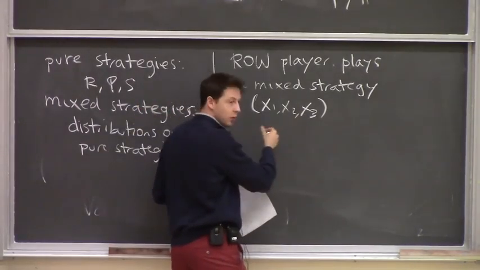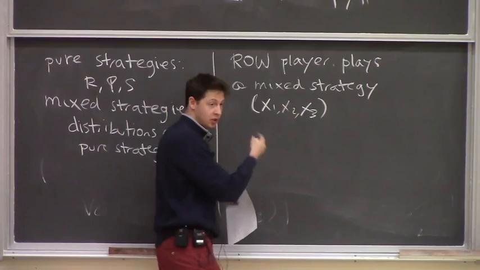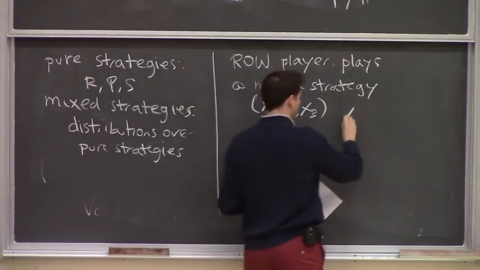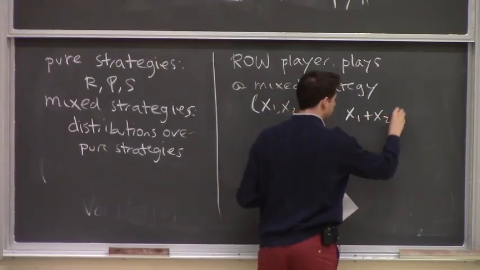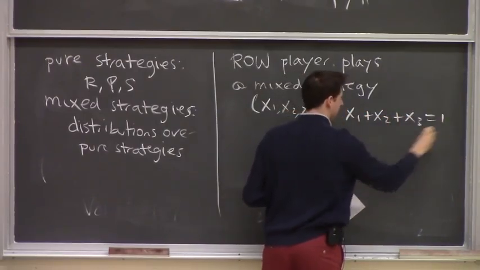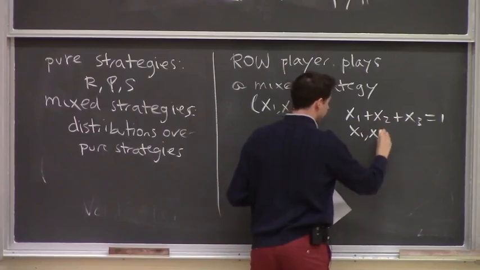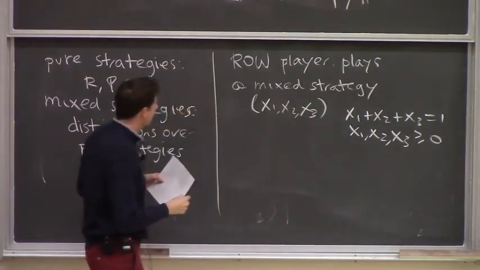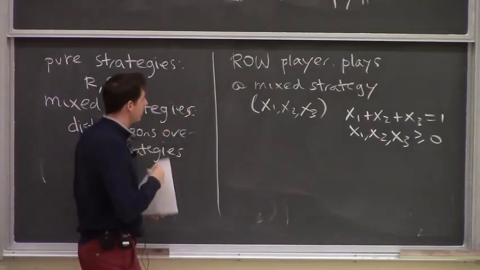And what are the constraints on x1, x2, and x3 such that this is a probability distribution? It should be that they sum up to 1, and also that they are non-negative. So in general, this is a strategy for the row player.